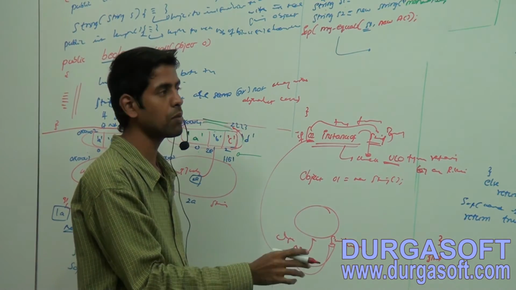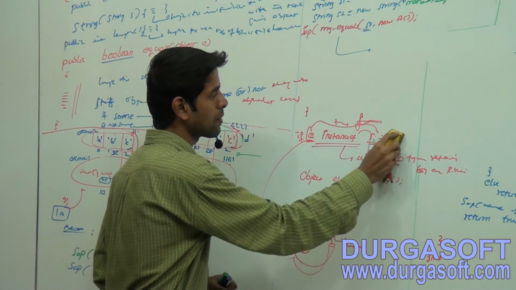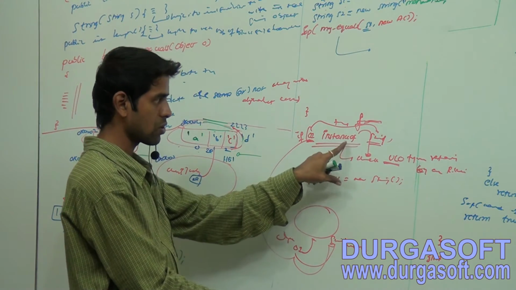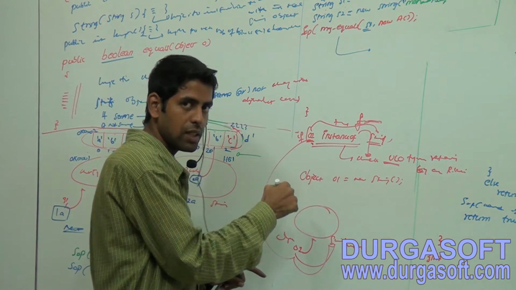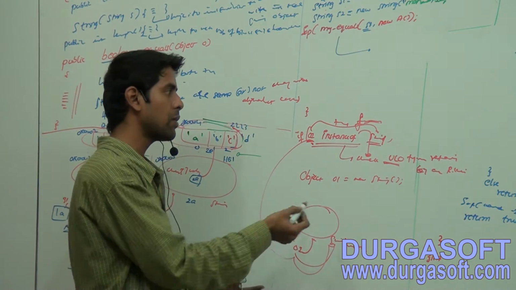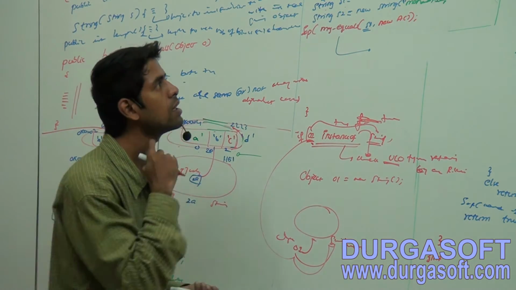If it is not StringBuffer, it will return false. If I take just String here, the instanceof operator will check whether o1 referring object is string or not. If it is string, it will return true. That's it.